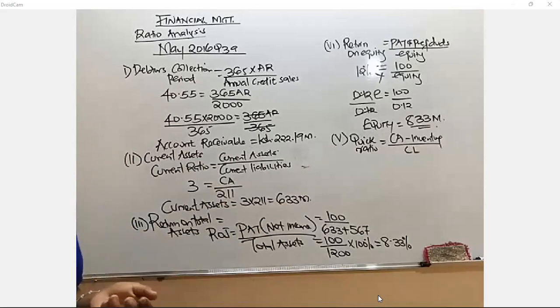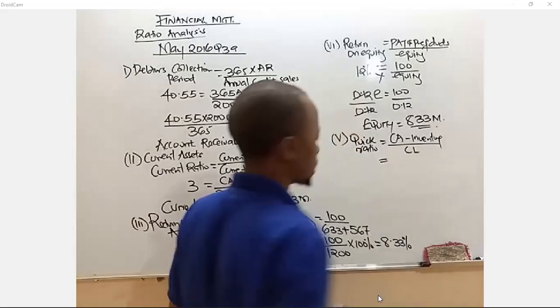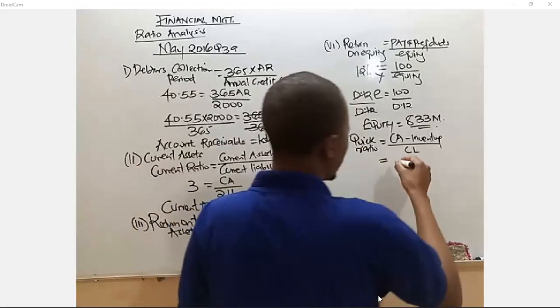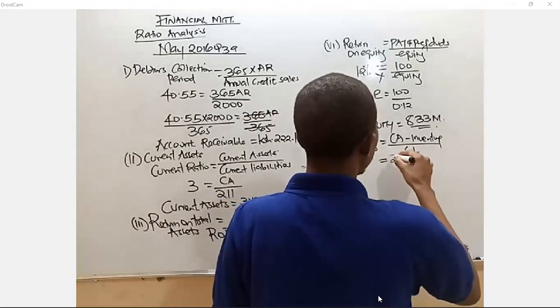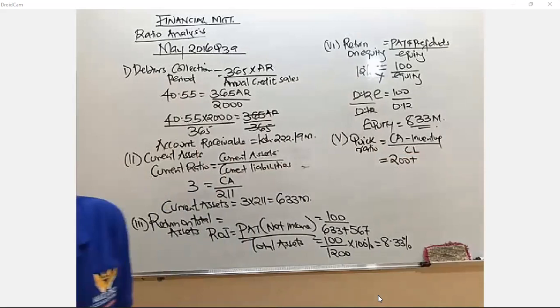So what should we do? I will look at the question and at the other assets which form the current assets, and I can say there is cash and cash equivalents somewhere. Cash and cash equivalents, we have been given, that is a current asset of 200 million. That is 200 million plus, right?